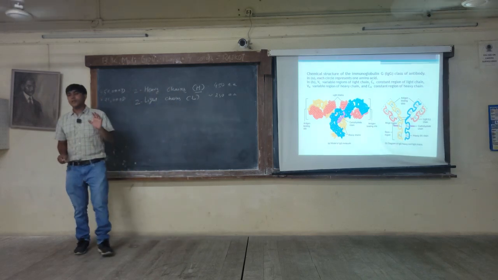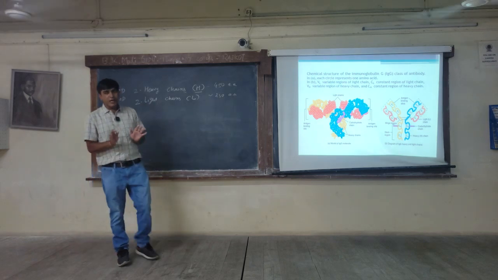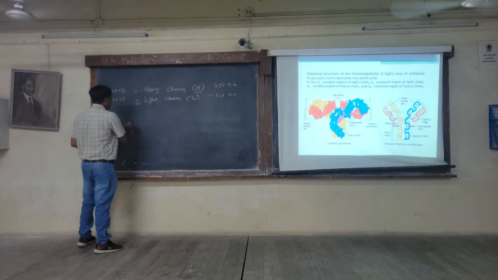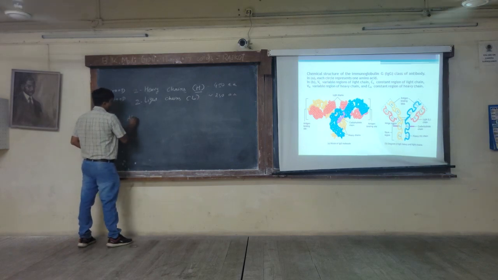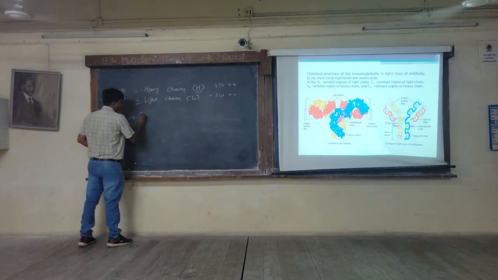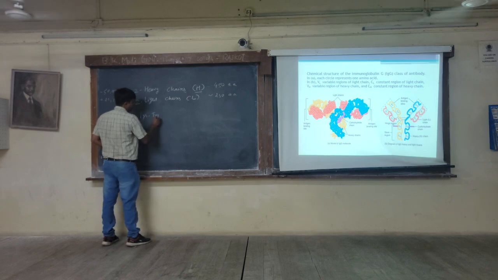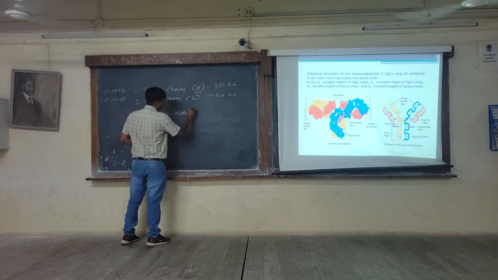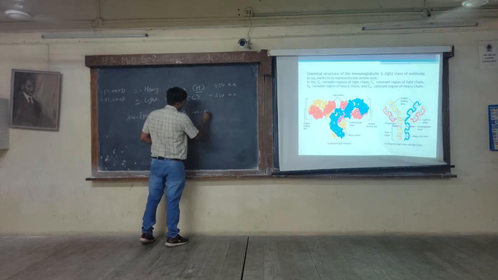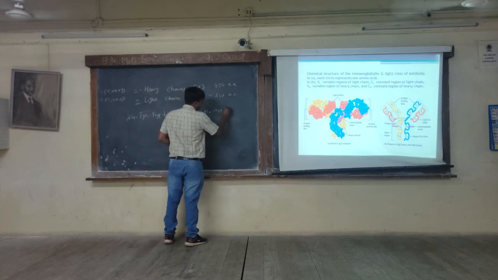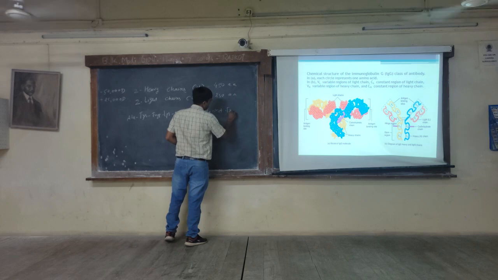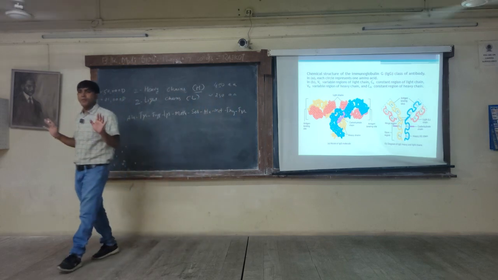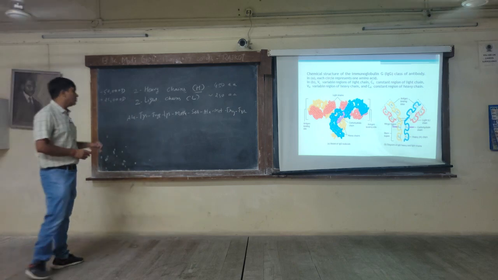As we know that the immunoglobulins are made up of amino acids, they are peptides. Say we have a structure with different amino acids. I have written an arbitrary structure, or let us assume it.